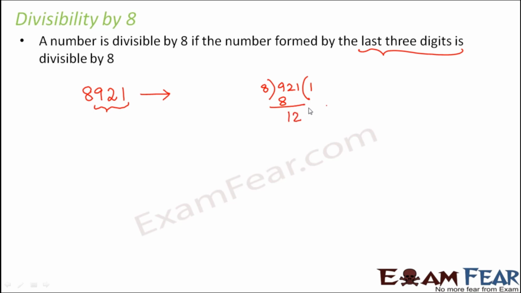So you get it as something like this. So basically this shows that you have a remainder here and therefore 921 is not divisible by 8. Therefore this number is also not divisible by 8.